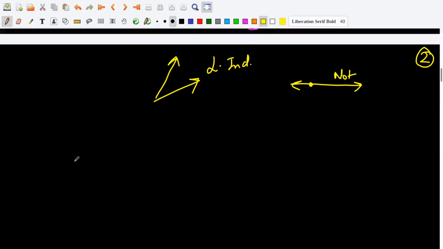Related to this idea of linear independence is orthogonality, which also most of you should be familiar with.